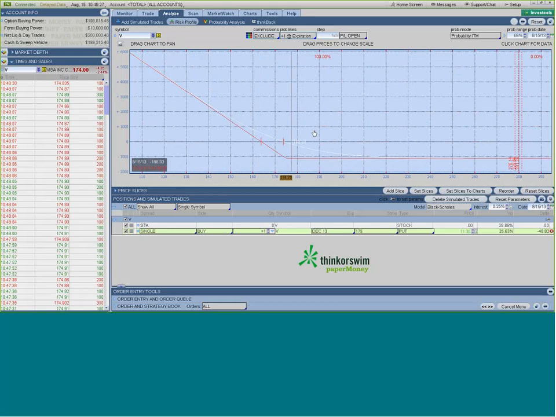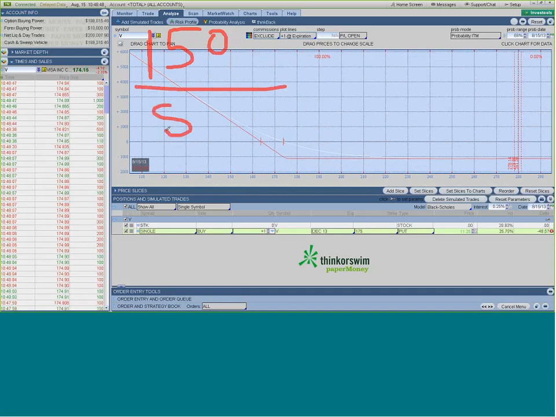But think about it this way. Let's say the stock goes to 150, and that's pretty reasonable. Let's do the math here really quickly. We're saying that the stock by December goes to $150 a share. That's 175 to 150, which is a $25 decline.